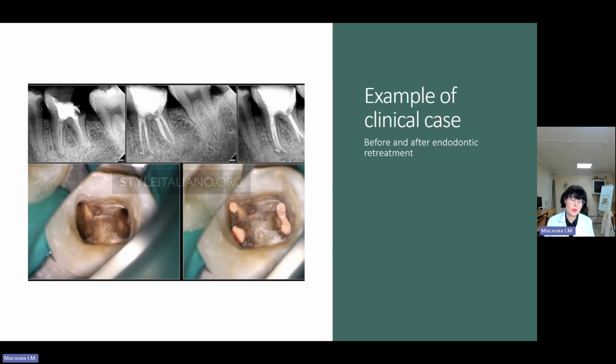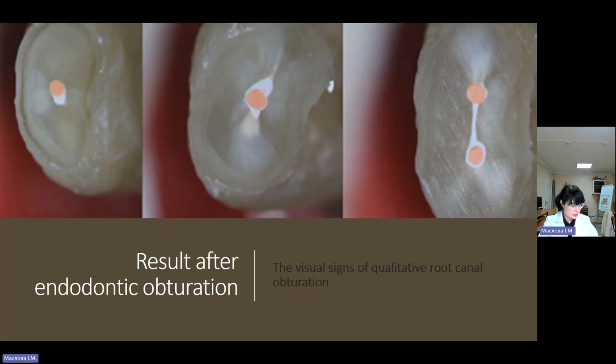The lower first molars often include 4 root canals, 2 canals in the mesial root and 2 canals in the distal root. Please put your attention on another slide, and you can see here the results after endodontic obturation. These are the visual signs of qualitative root canal obturation.